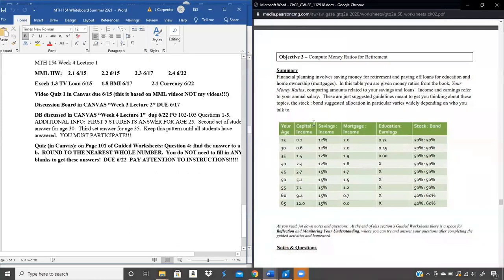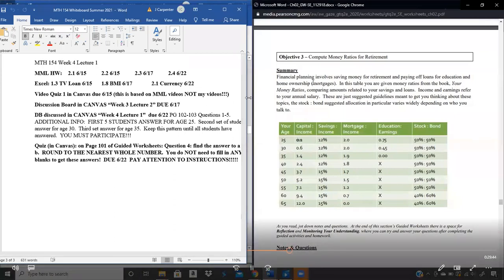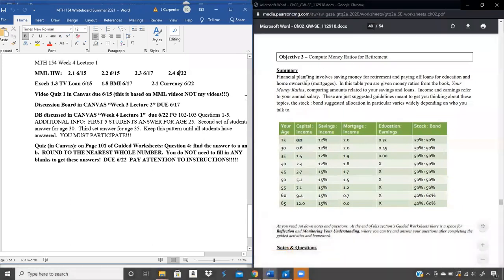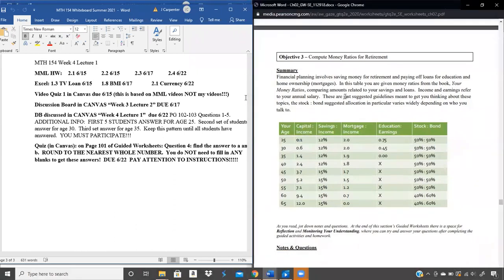So at 25, your capital to income ratio should be 10%. That's what's set. That is 10%. So capital income 10%. What that means is, let's say you made $100,000 a year.